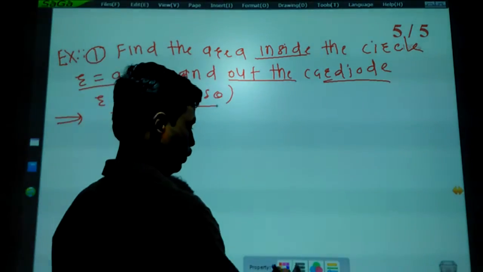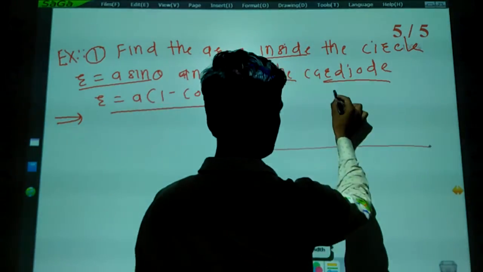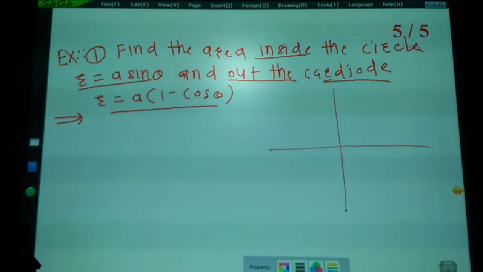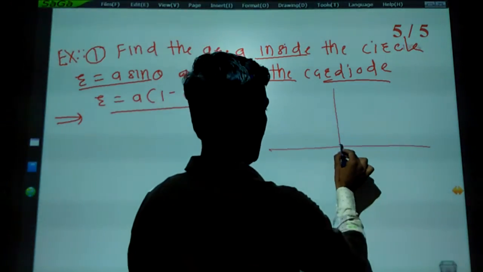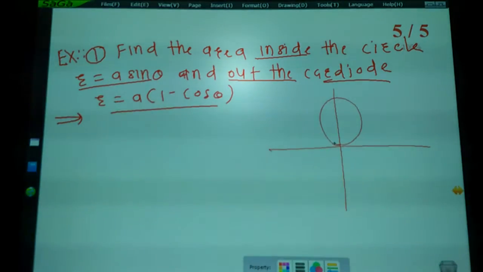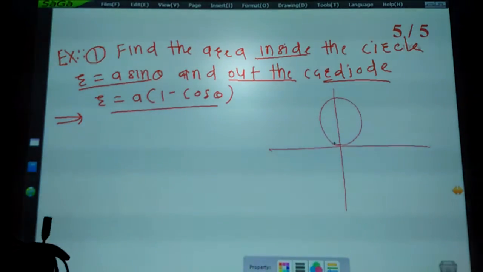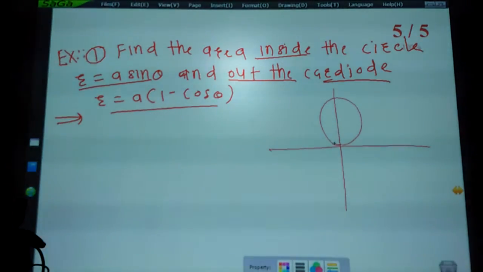So firstly, we will draw its graph. This is the x-axis, this is the y-axis. So we know that r is equal to a sin theta. This is the circle. Next, find the cardioid, r is equal to 1 minus cos theta.